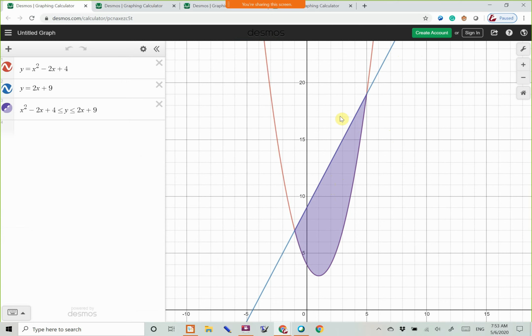It's the blue line, right? This blue line here is what's upper. And then if you start somewhere in the middle and travel downward, what stops the purple region, the lower curve, ends up being the red thing.